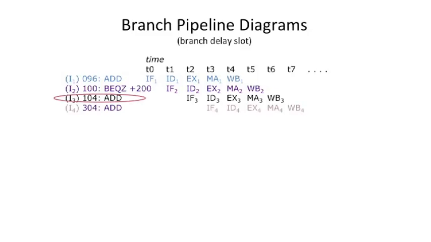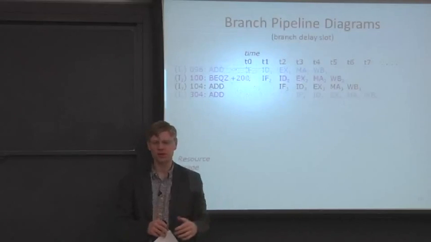Now, this is really important to say because the compiler or the program writer has to put something here. And if they can't put anything useful, they're going to have to put a no-op. And that's not useful work. Doing a no operation, you might as well just have had the hardware insert the no-ops for you and save some instruction coding space.